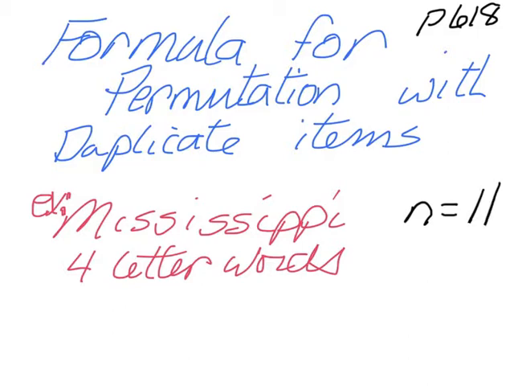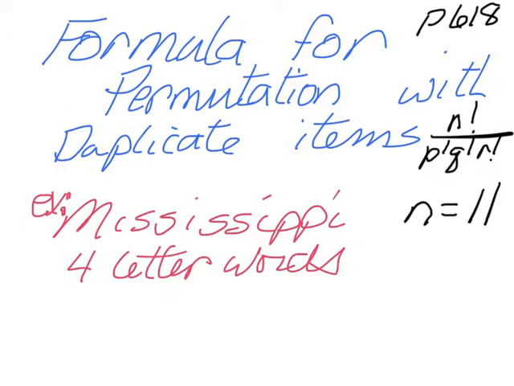But P items are identical, Q items identical, R items identical, and so on. Then the formula is equal to n factorial over P factorial, Q factorial, R factorial, and so on.